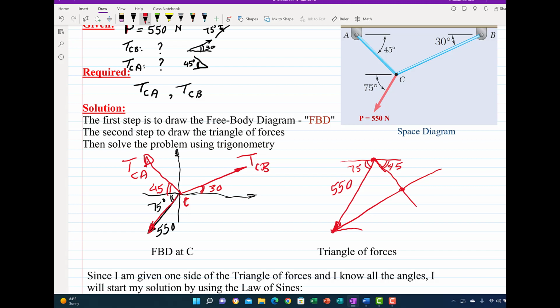Means if I start from here and go down, then from here I go up to this point, and then after that I go up to this point. And this becomes the triangle of forces. So now I can leave these, I don't need them. Okay. Now let's put the angles. So I know the value here, 550 Newton.